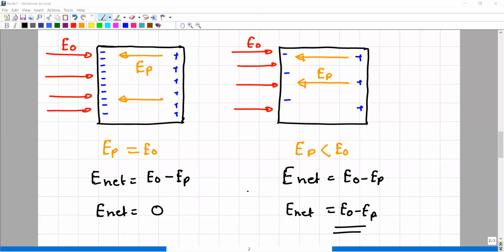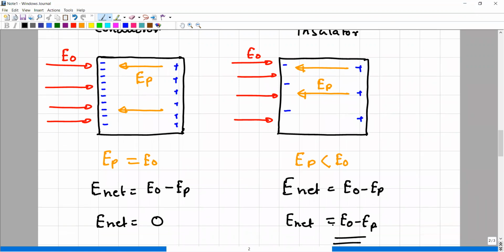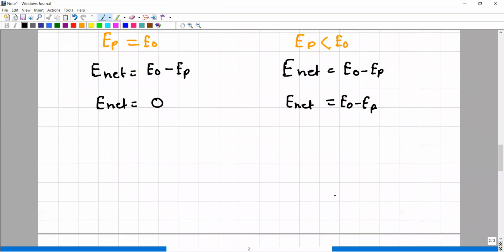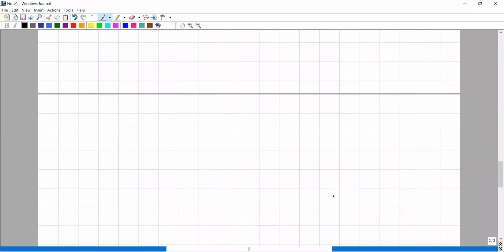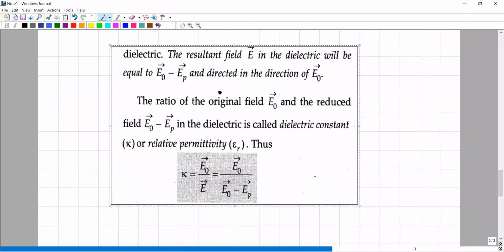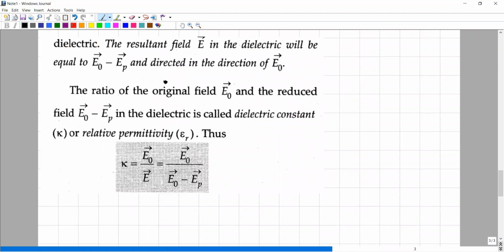Now, because of this net electric field inside the insulator, which is not 0, E naught minus EP, we are now going to describe what is dielectric constant or relative permittivity. Dielectric constant and relative permittivity both are the same thing, and you have done this before in the previous chapter.